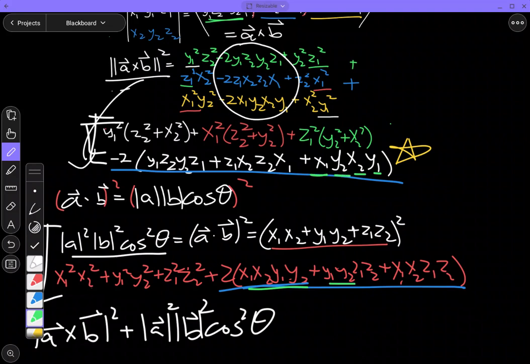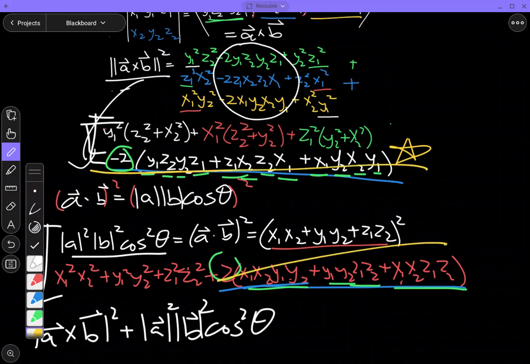You have y1, y2, z1, z2 in both, and x1, x2, z1, z2 in both. So actually, these match exactly. And if we add this -2 to this +2, these terms cancel out. So that works really nicely where we can just cross this out.